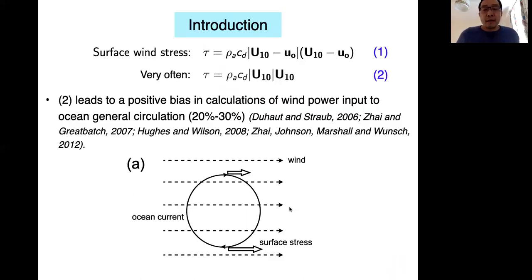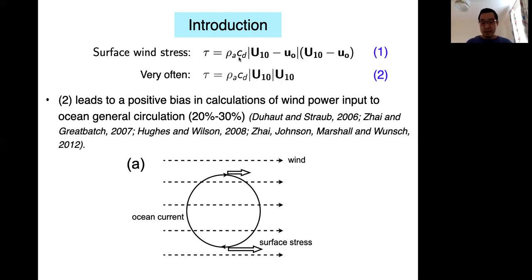Okay. So the motivation of this research actually is very simple. The surface wind stress, which to a large extent drives the ocean circulation, can be calculated using this bulk formula. So tau here is surface wind stress, rho A is air density, CD is drag coefficient.